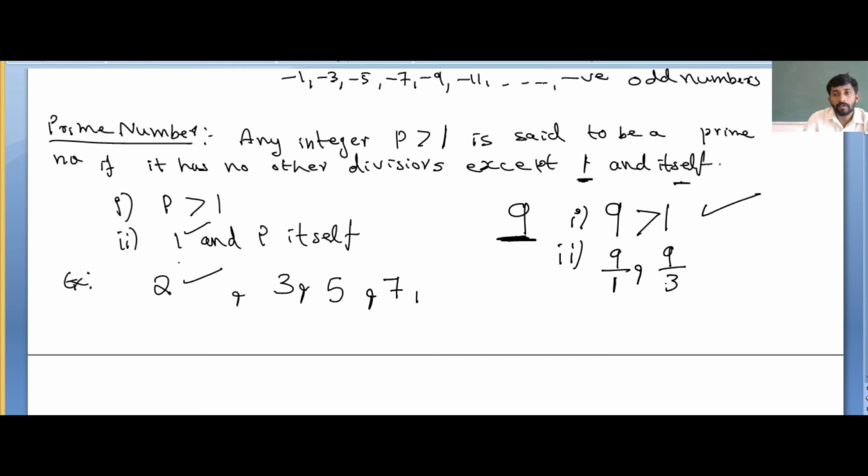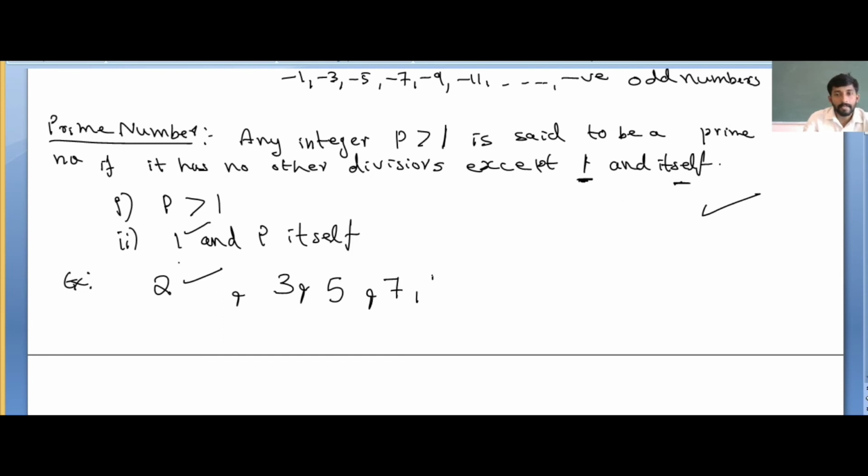Then 3 also divides 9, right? 3 threes are 9. Then 9 is divisible by 9. Now see the second condition. If 9 is a prime number, the divisors of 9 should be 1 and 9 itself. But here see, we are finding one more divisor, that is 3. Okay. Therefore 9 is not a prime number.